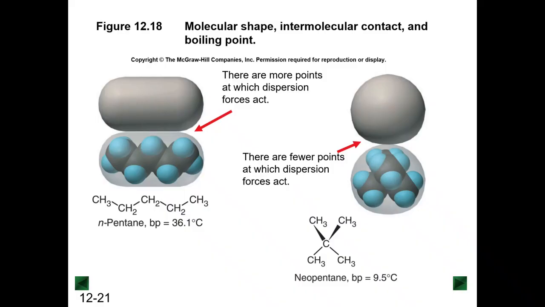And its companion molecule, neopentane, which is also C5H12, is a rounder molecule. Pentane is more like a sausage, and neopentane is more like a meatball. And the rounder molecule has fewer points at which the dispersion forces can act, and so its boiling point is lower.